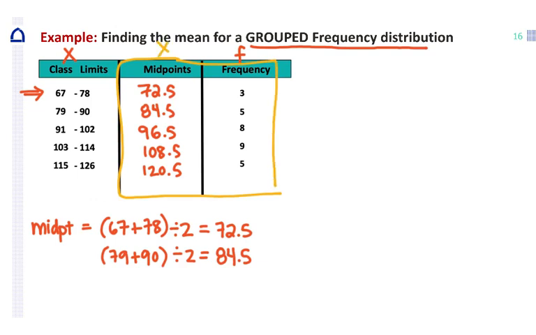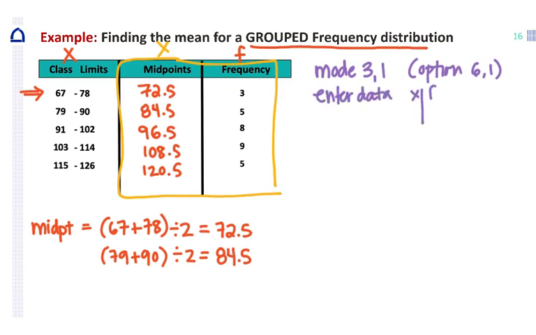So now we're actually going to use this data to enter into our calculator. If you remember the steps, first we press Mode 3.1. If you have the white calculator, you'll do Menu 6.1. You enter all the data into the frequency table. Then you press AC to save it.